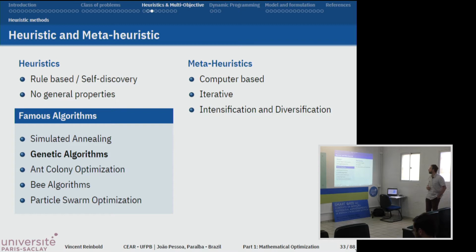We need a computer, and this is usually an iterative method. And there are two things that are important in meta-heuristics, and I will talk about the famous algorithms later. In every one of them, there is intensification and diversification.